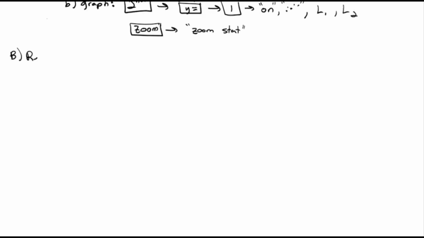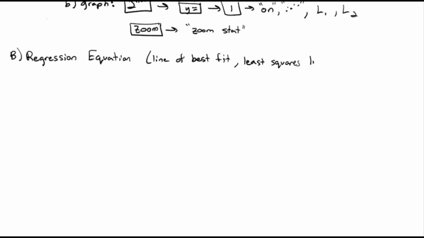So let's take a look at the regression equation, also known as the line of best fit, also known as the least squares line. Basically, a line that models those dots as close as possible.